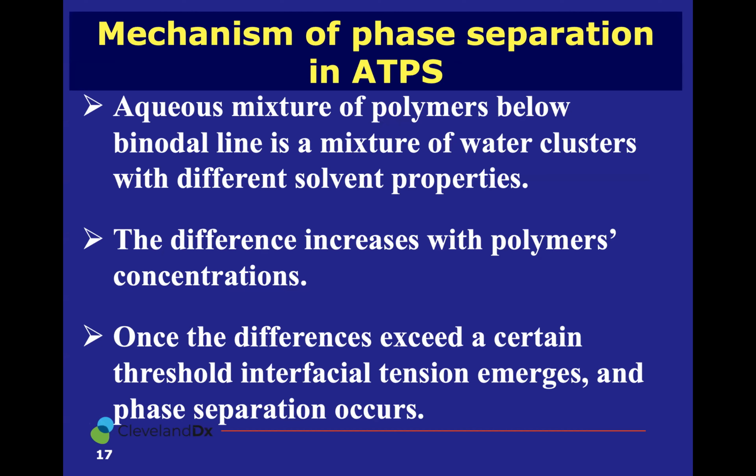And when you start increasing concentration, these clusters increase in size and in dissimilarity. When the dissimilarity is large enough, the interfacial tension starts to appear, and the cluster size keeps increasing. As a result, you get the point that when the difference exceeds a certain threshold, interfacial tension appears and phase separation happens. And that's it, I guess.